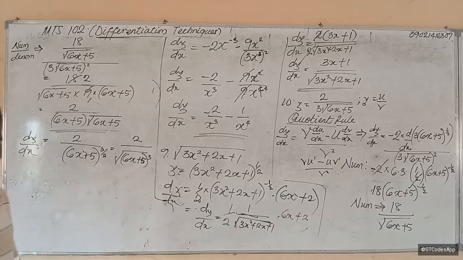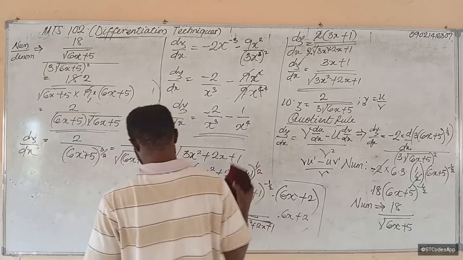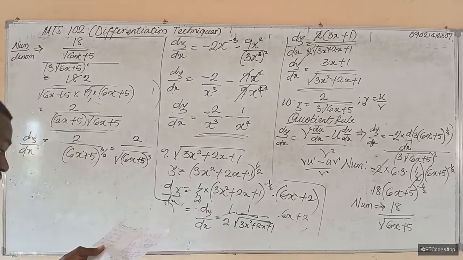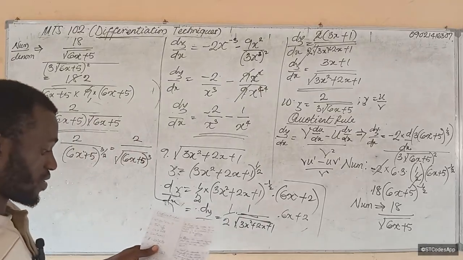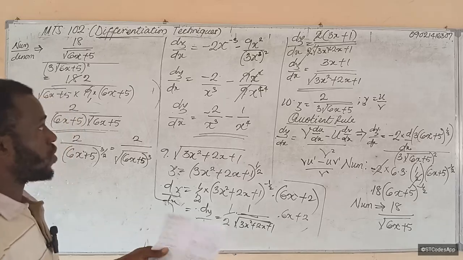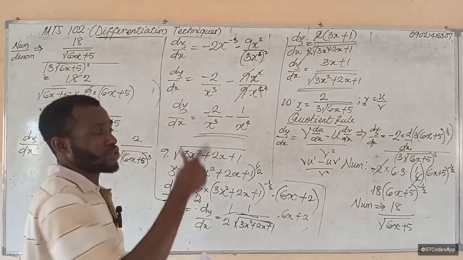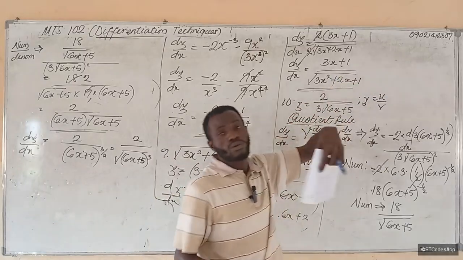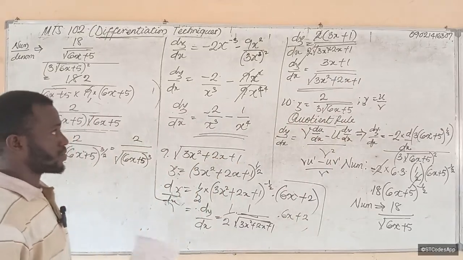Okay, let's go to the next one. Let me just write this down. You try these two and put your answer in the comment section, or you can text me your answer on my WhatsApp number, that's my WhatsApp number there, so that I will let you know if you are correct or not.